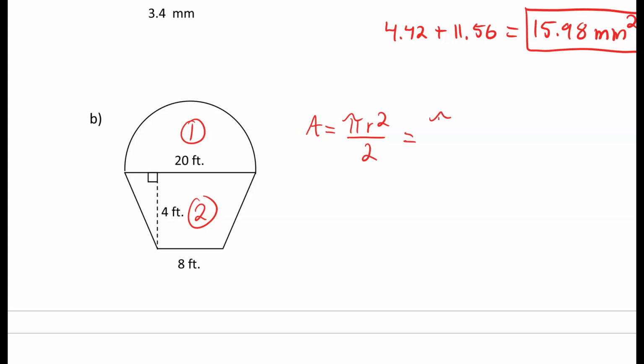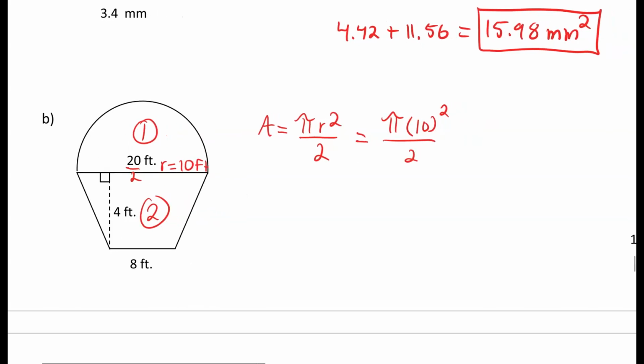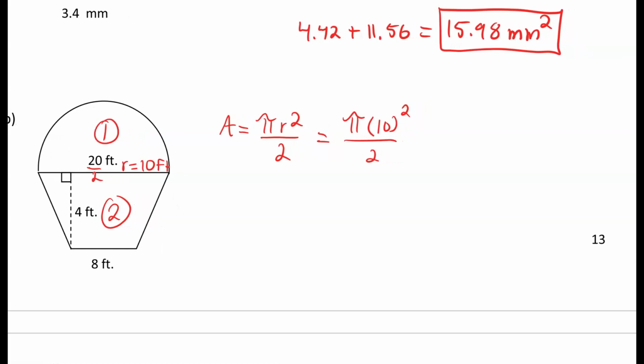Now we take pi multiplied by our radius. Well, they've given us our diameter. We need to divide this by 2, so r equals 10 feet. So we have 10 squared and then divided by 2. So if we take pi multiplied by 10 squared divided by 2, we'll get 157.08 feet squared. And that was area 1.